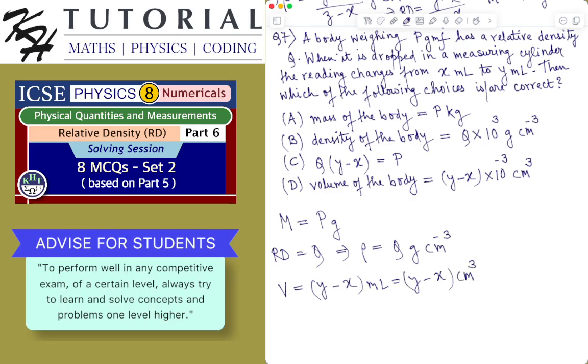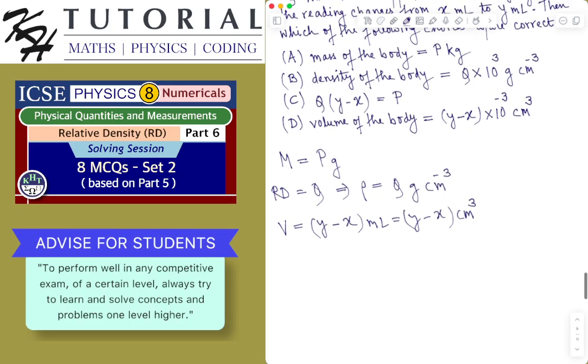So I know the volume of the body, I know the mass of the body, and I also know the density of the body. From the formula, density is equal to mass by V. The relative density was given to be Q, so the density of the body is Q gram per centimeter cube.